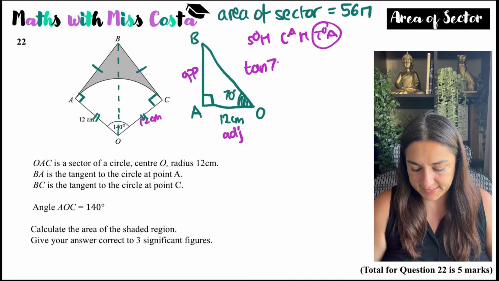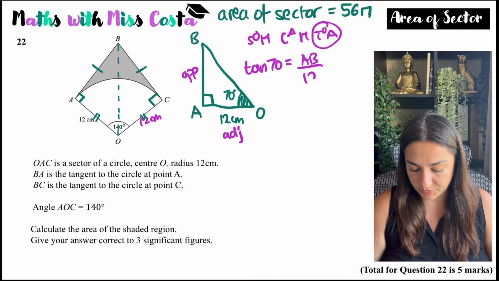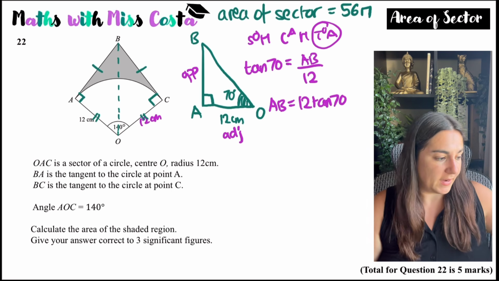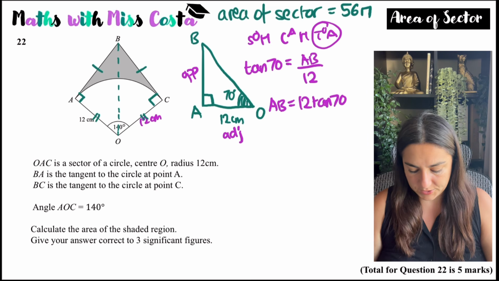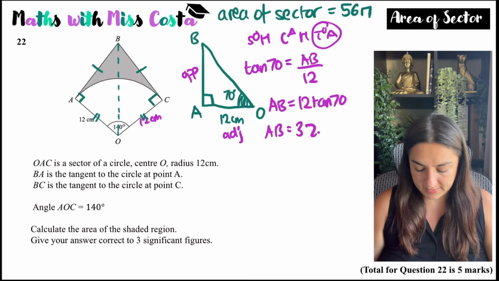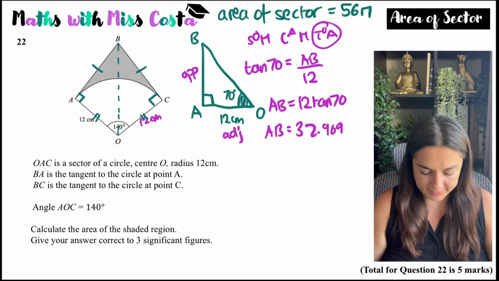So I know that tan 70 is going to be opposite, which is AB, over adjacent, which is 12. So therefore AB is going to be 12 tan 70. So AB is 12 tan 70 is 32.969. So that's not a very nice number.